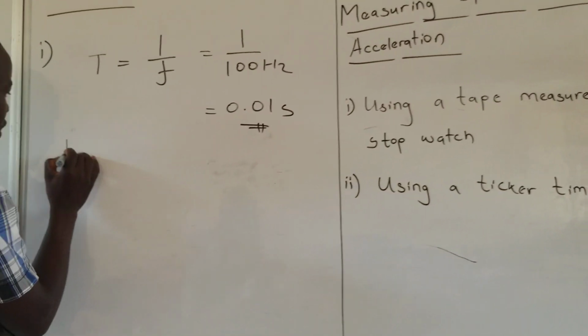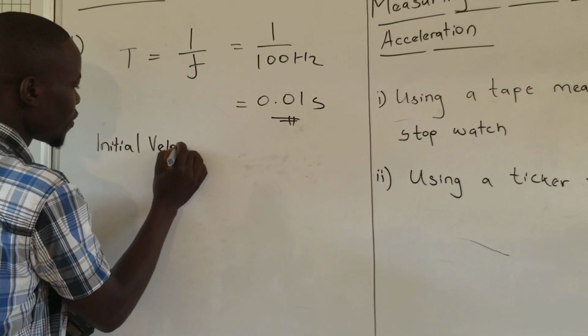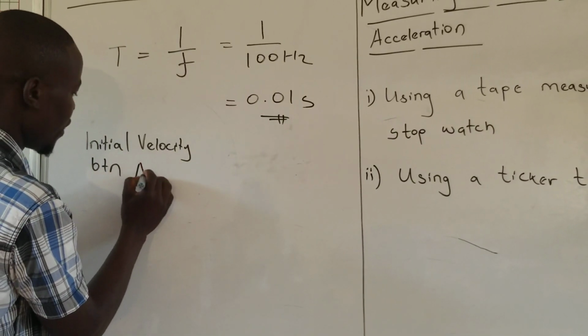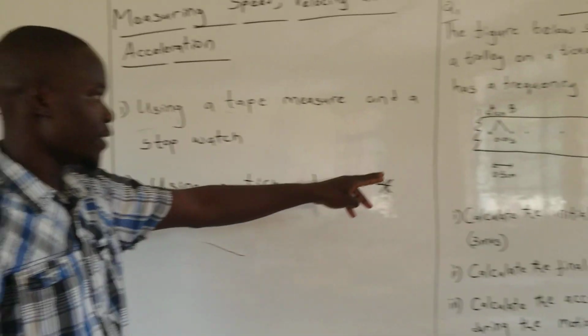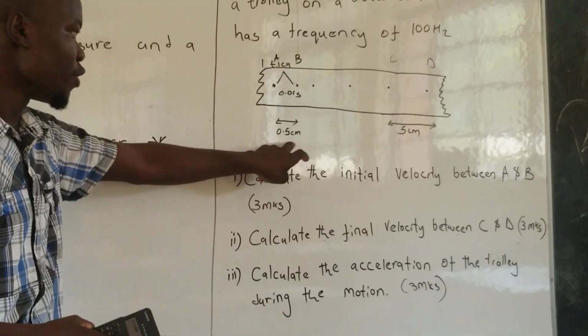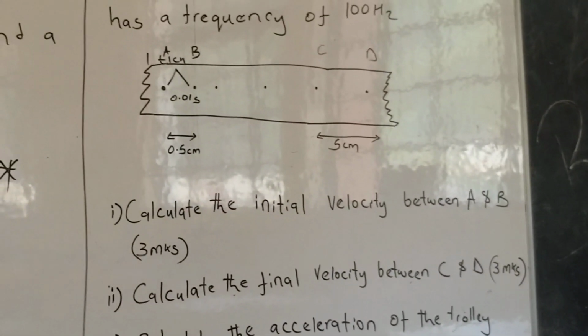Now, when I want to calculate the initial velocity between point A and B, obviously I'll take the displacement here. The displacement we are given is 0.5 centimeters, and I have to change this 0.5 centimeters into meters.